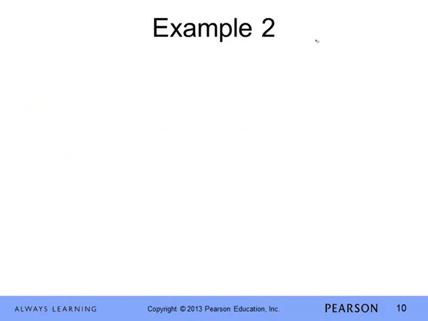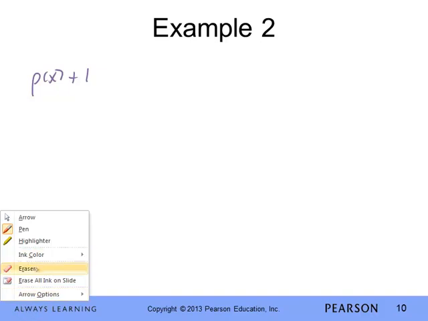So here, let's do an example. Example number 2. Suppose a thin 2-meter bar is made of an alloy whose density is given by 1 plus x squared.